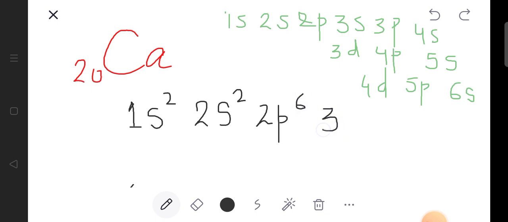Then the third subshell in sequence, you must fill the electrons in the order of increasing energy. And what is the ascending order of energy? This is the sequence. 3s, which must contain 2 electrons. Here we have 2 plus 2 is 4, and 6 is 10, and 2 is 12 electrons. 8 electrons are still remaining.